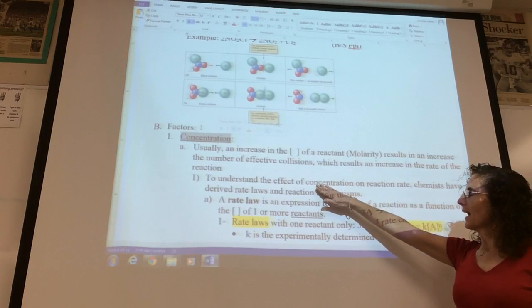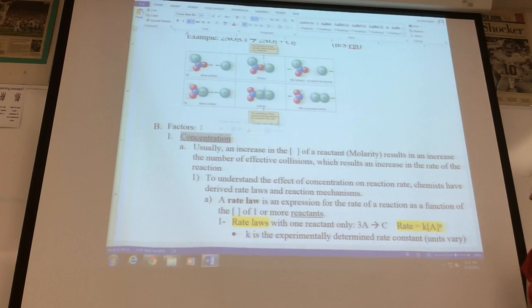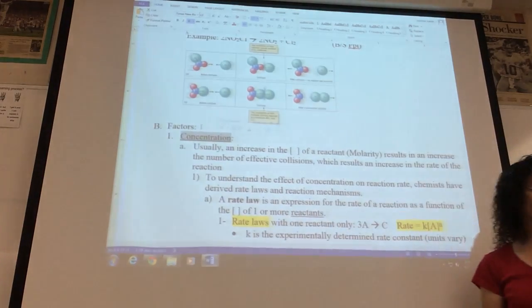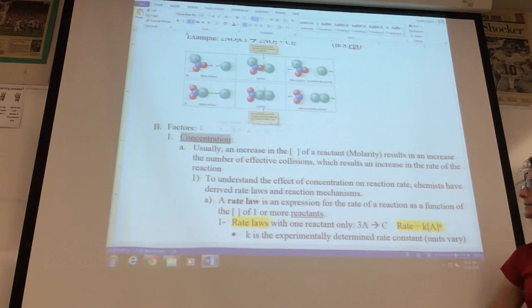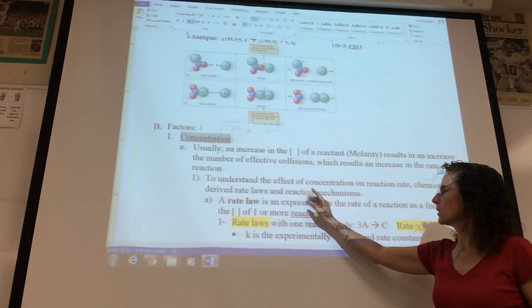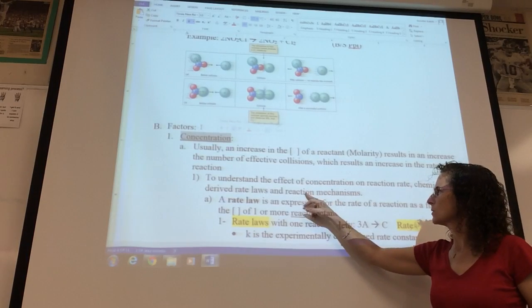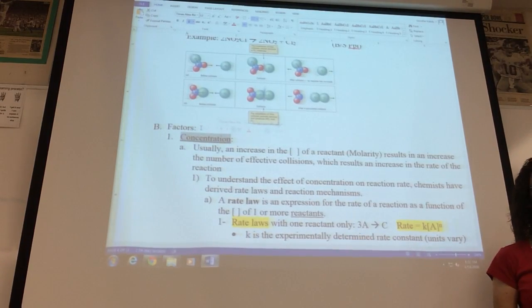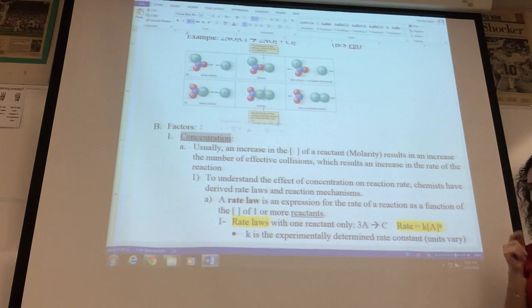To understand how concentration affects reaction rate, chemists have derived rate laws, which we're going to look at now, the very simplest ones, and also we're going to look at reaction mechanisms, although I'll show it to you, it's not something you would be assessed on because it's really too complicated for the honors level.